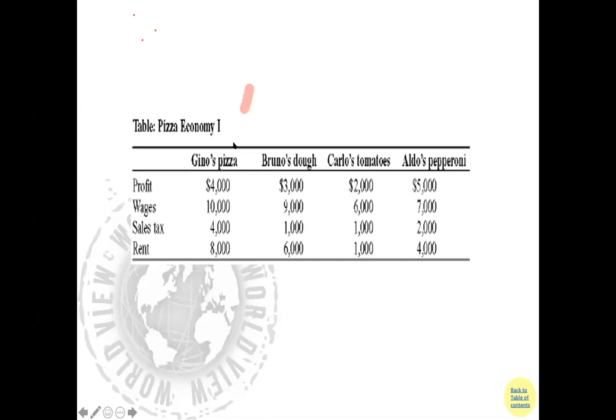The income we have includes profit, wage, and rent. The typical mistake students made in our previous semester is that some students include the sales tax. They argue sales tax is income for government. Now, the problem is if you consider sales tax as the income of government, then you must subtract it from the profit or whatever. Otherwise, you have double accounting. Okay, that's the only thing I want to emphasize.